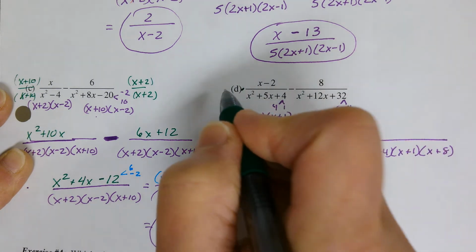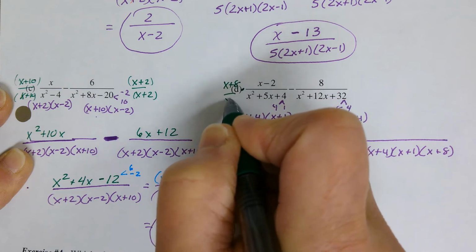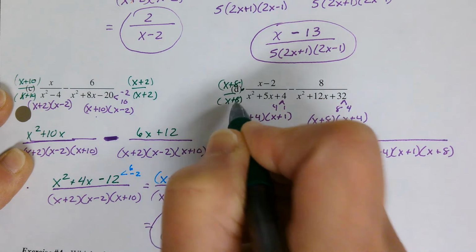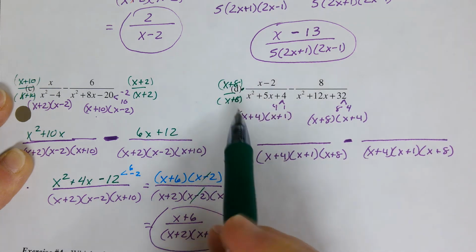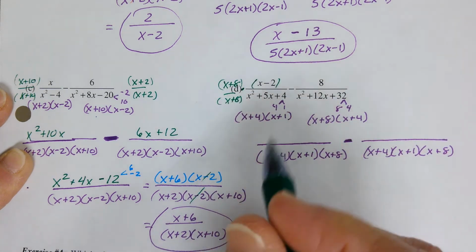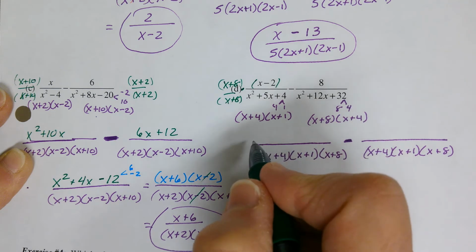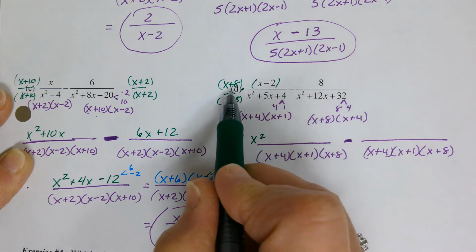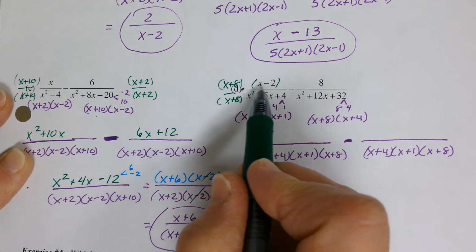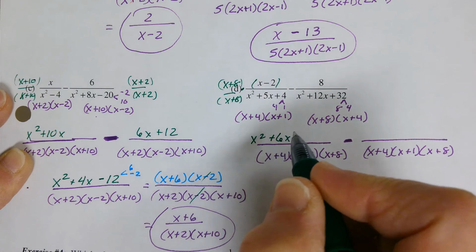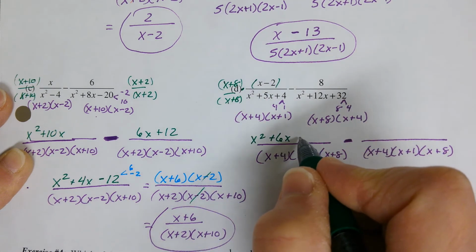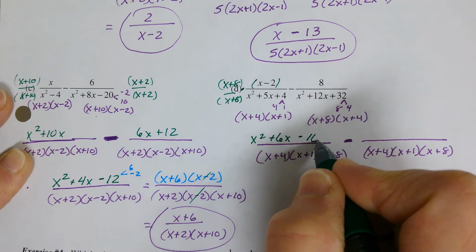Multiplying the first fraction by 1 in the form of x plus 8 over x plus 8. Okay, double distribution here. I'm going to end up with x squared, a positive 8x, and a negative 2x combined to be a positive 6x. And 8 times negative 2 is negative 16.